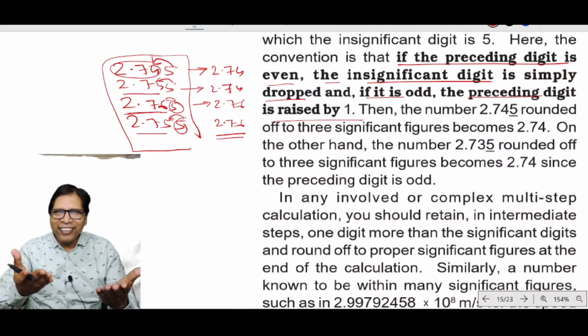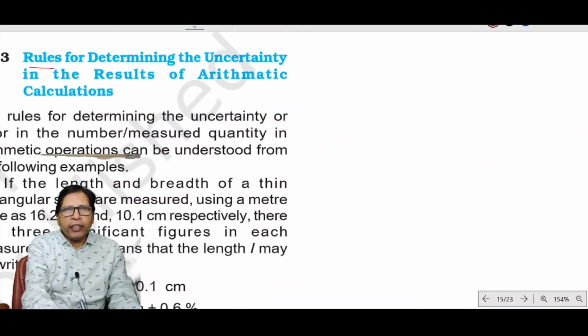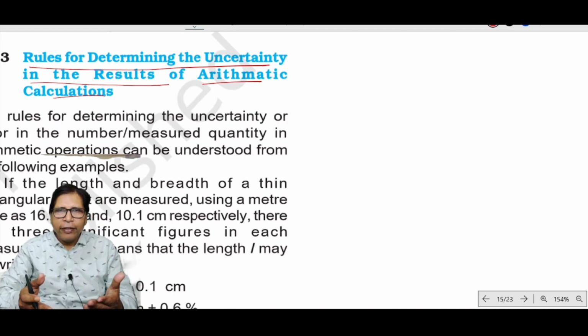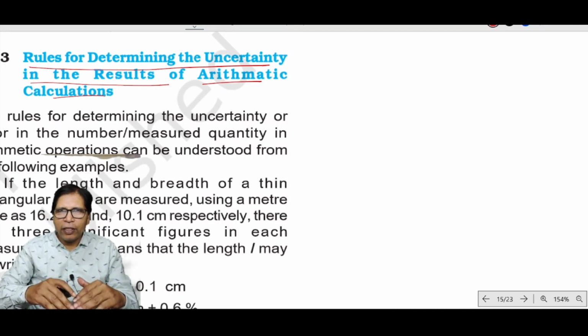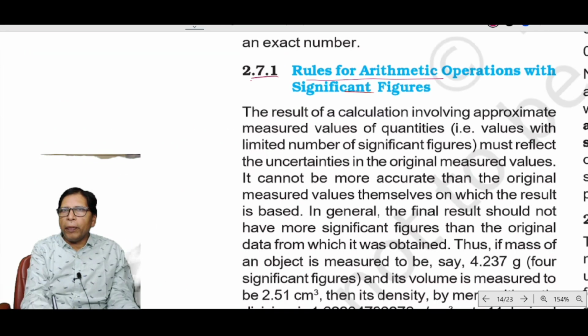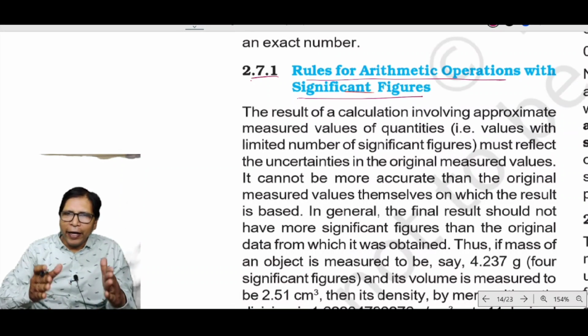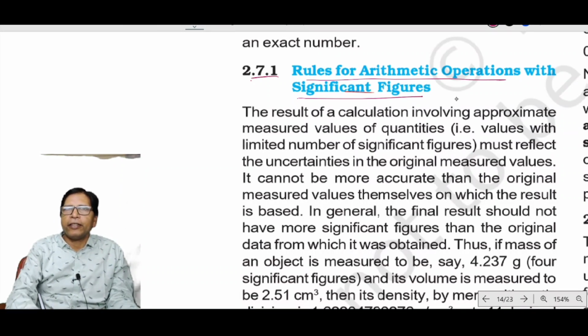Okay, understood. Next, the rules of determining the uncertainty in the result of arithmetic calculations, that is addition, subtraction, division and multiplication. Now the rules of arithmetic operations with significant figures. First of all, division and multiplication.